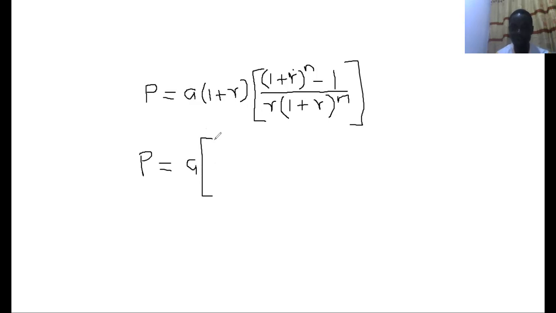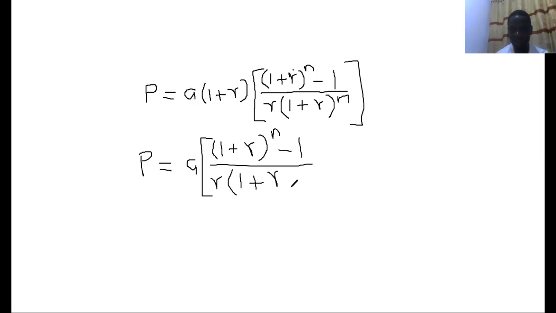Of course, you can also use the formula in the slide. Okay, so that is 1 plus R raised to N, all minus 1, all over R, 1 plus R raised to N. So let me write it.